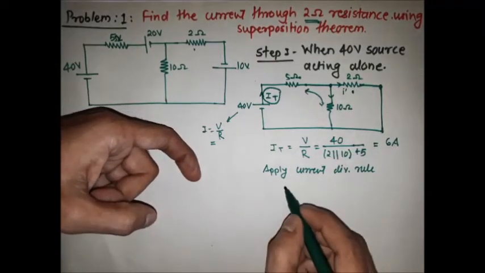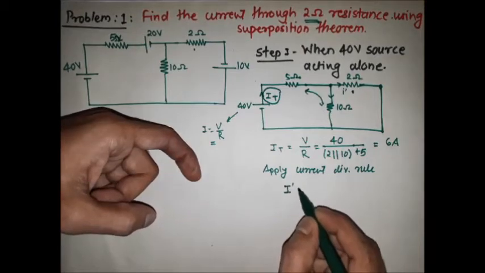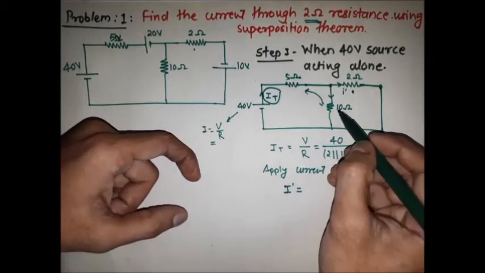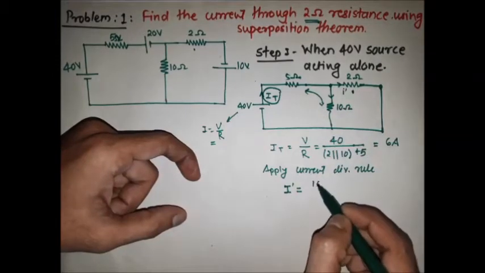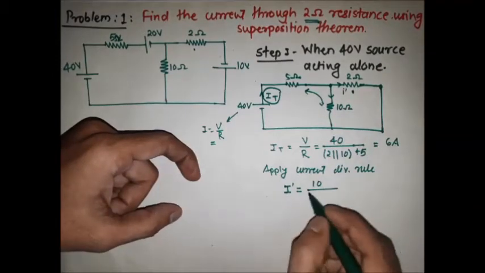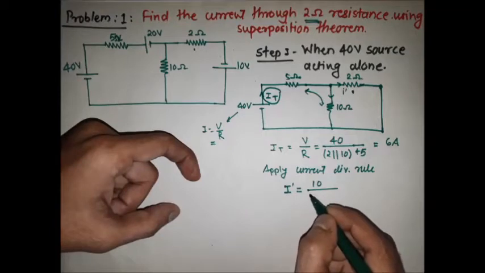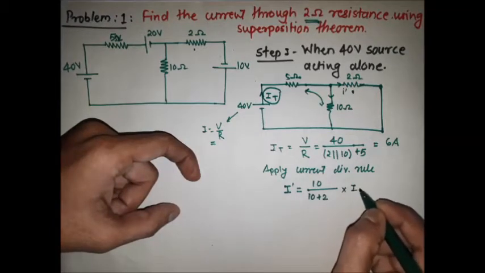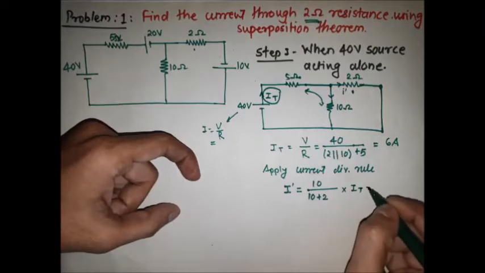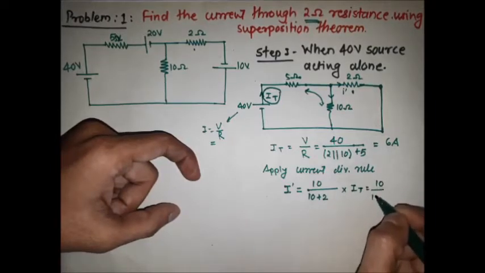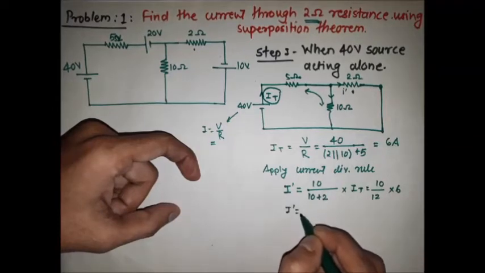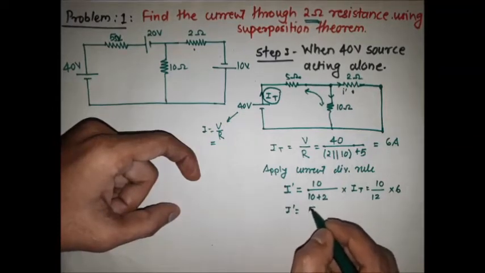So the current through the 2 ohm resistor, I dash, is equal to 10 divided by 10 plus 2, into the total current IT, which is 10 divided by 12 into 6. I dash is 5 ampere.